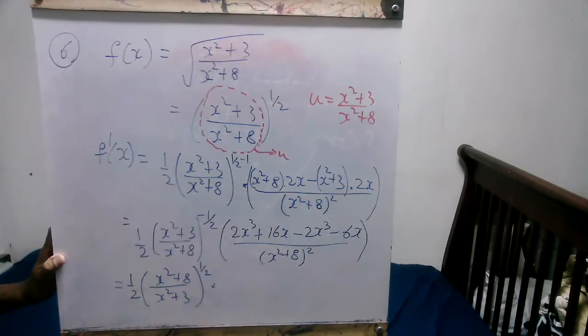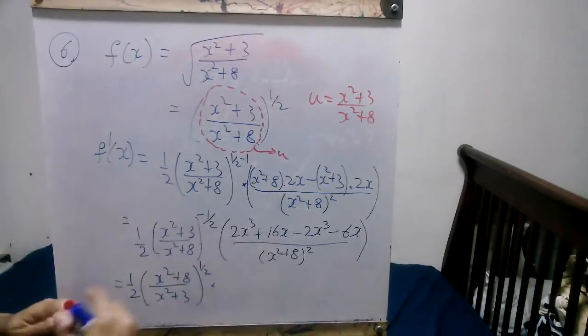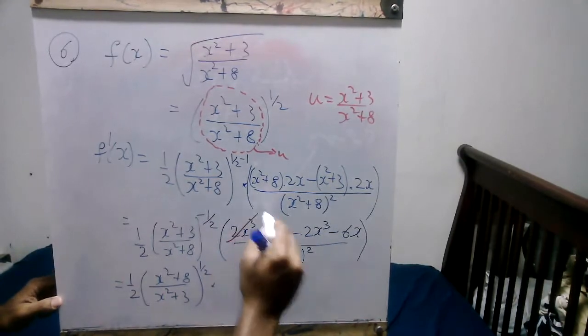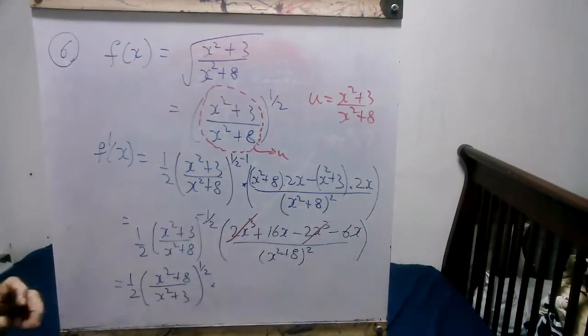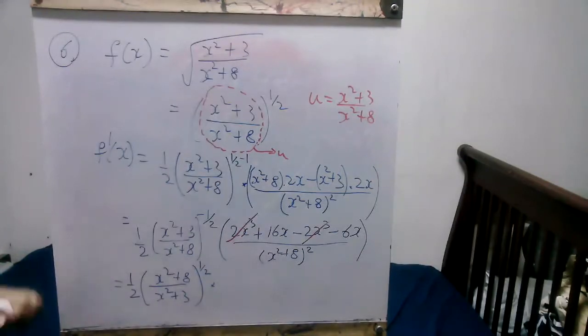Multiply by, okay, let's simplify this. 2x cubed, negative 2x cubed, these two terms cancel out. 16 minus 6 is 10.